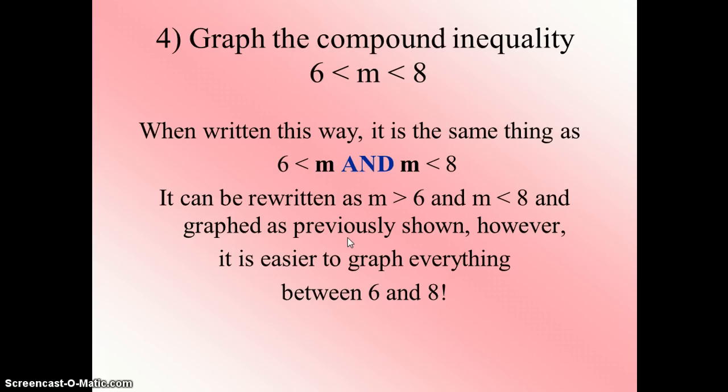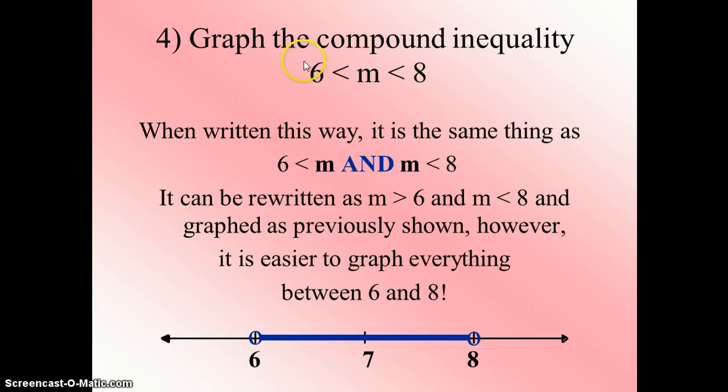Rather than taking a whole graph and drawing lines forever, the easier thing to do is take the 6, because it's not equal to, put an open circle on the 6, take the 8, and because it's not equal to, put an open circle on the 8, and then connect the two open circles. So that's what this statement is saying.